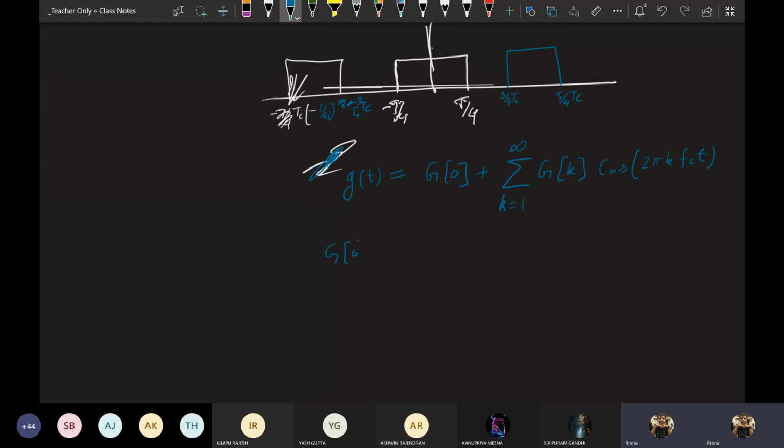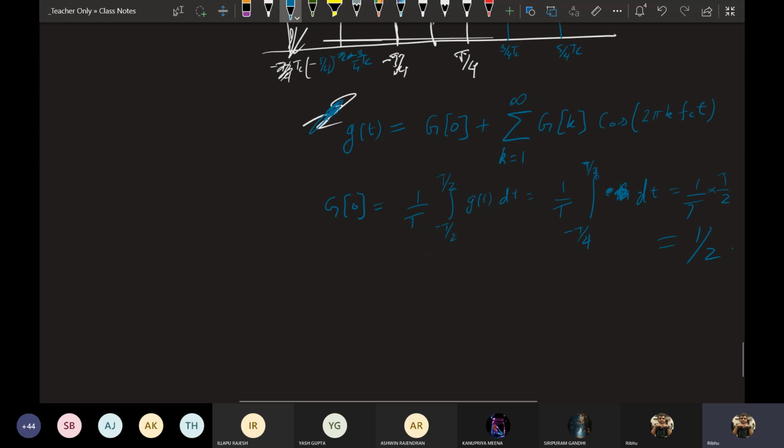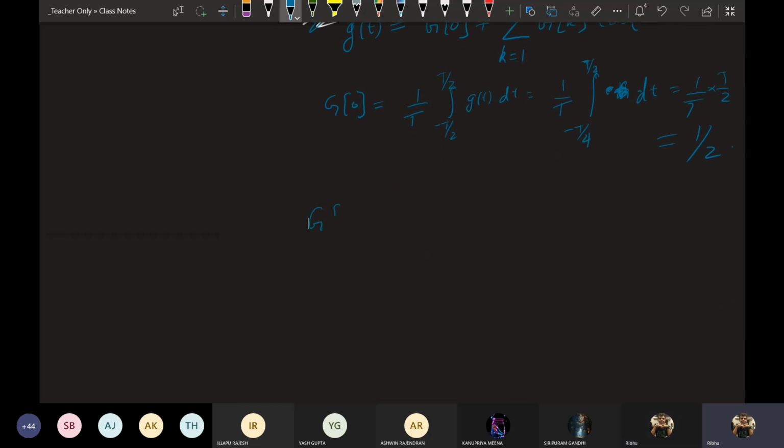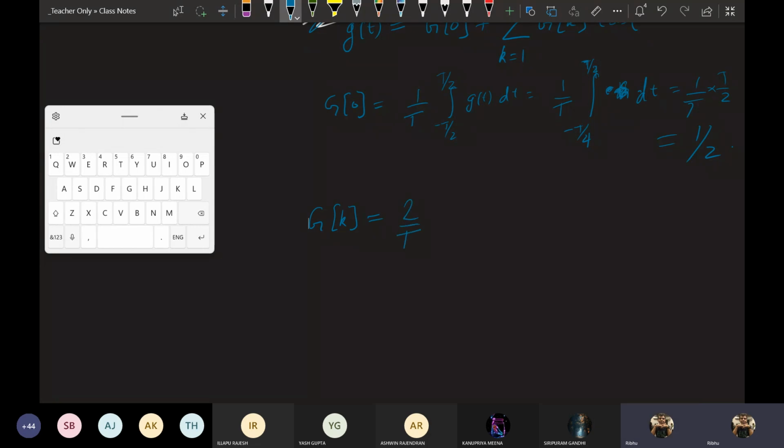So anyway, here g0 equals 1 over Tc times the integral from minus Tc by 2 to Tc by 2 of g(t) dt, equals, in our case, 1 over Tc times the integral from minus Tc by 4 to Tc by 4 of dt, which equals 1 by Tc times Tc by 2, equals half. Fine.